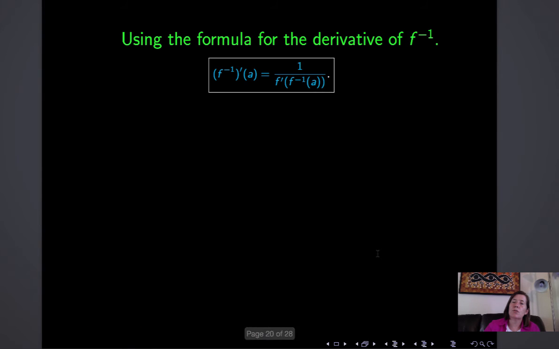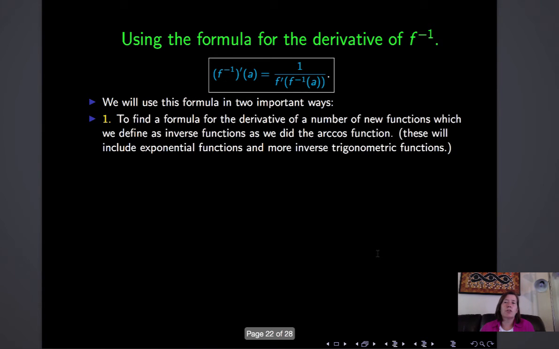How can we use this formula? Well, we're going to use it in two important ways. The first way is going to be to find a formula for the derivative of some of these new functions we're going to look at, which we're just going to define as inverses of one-to-one functions, such as the arc cosine function, which by definition is the inverse of the restricted cosine function.